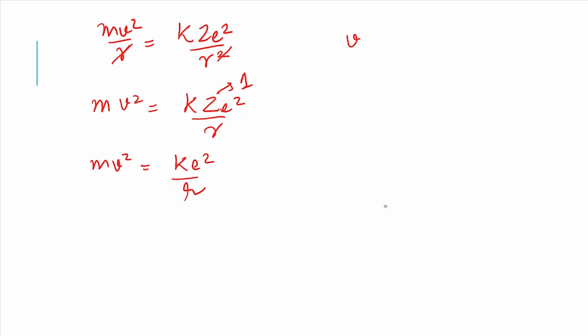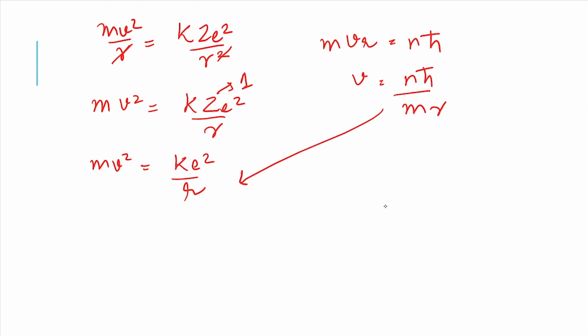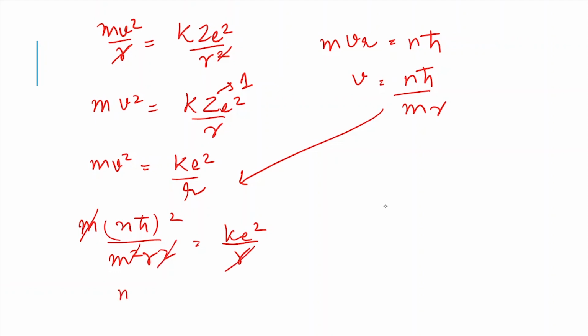So we substitute using the relation v equal to n h cross over m r. So m times n h cross whole square over m square r square equals k e square by r. Cancel the m and one r, so n square h cross square over m r equals k e square.